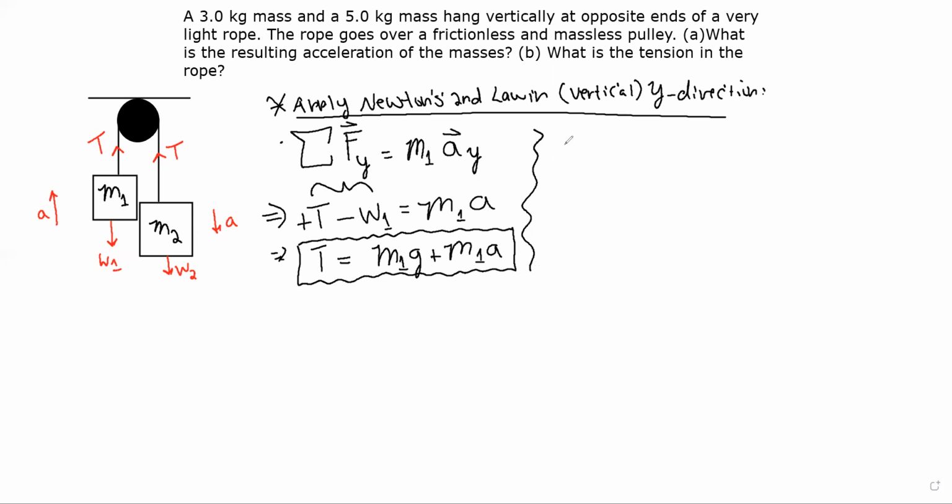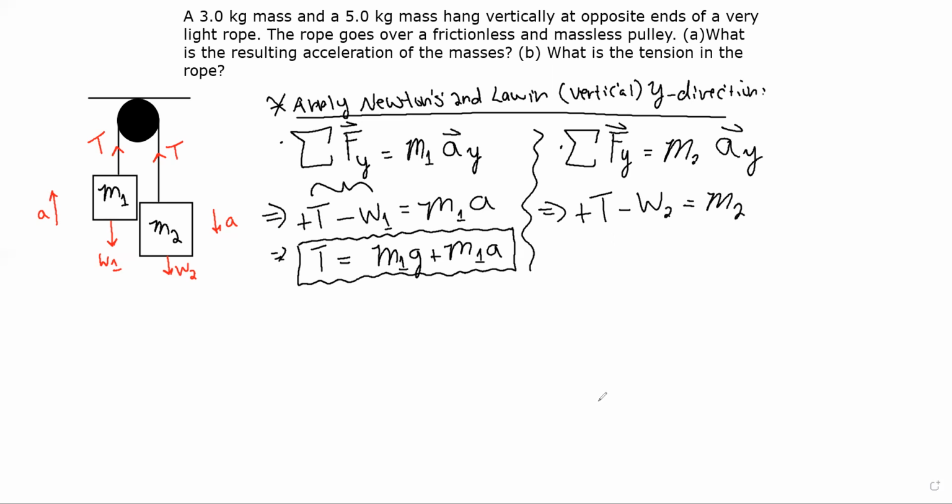Next, we'll apply Newton's second law in the vertical direction to mass 2. All forces acting on M2, positive T minus W2 equals M2 A. This is where the most common mistakes happen.